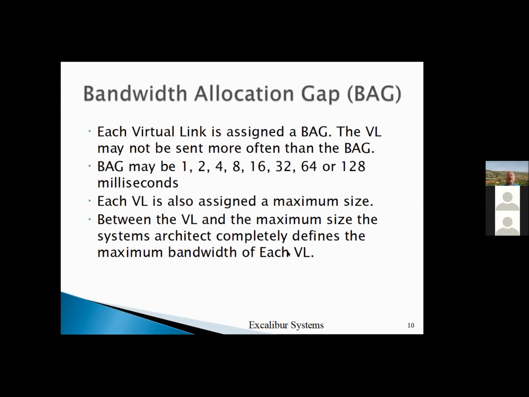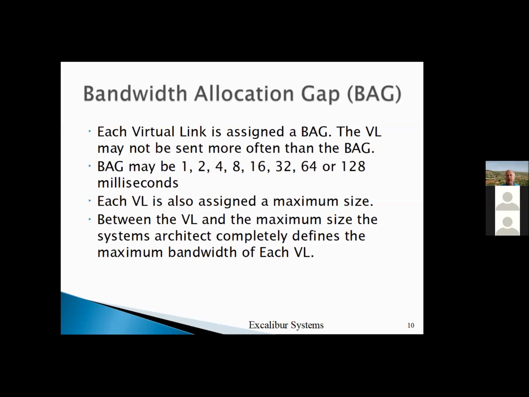Okay, we talked about a bag. Now we'll find out that what a bag stands for is bandwidth allocation gap, right? And the purpose of the bag is to allocate bandwidth. In other words, it tells each end system how much time you get. Each end system has a certain amount of time, but it's further divided so that each VL within each end system gets a certain amount of time.